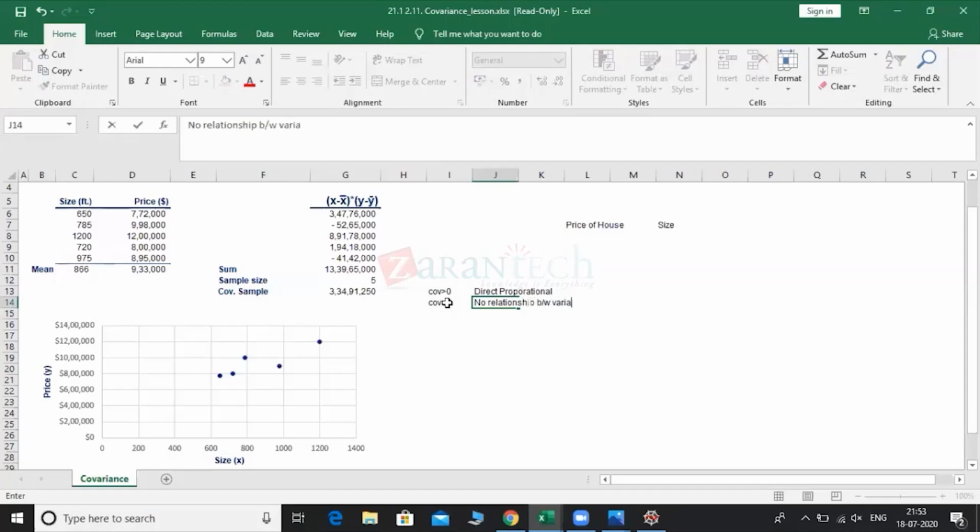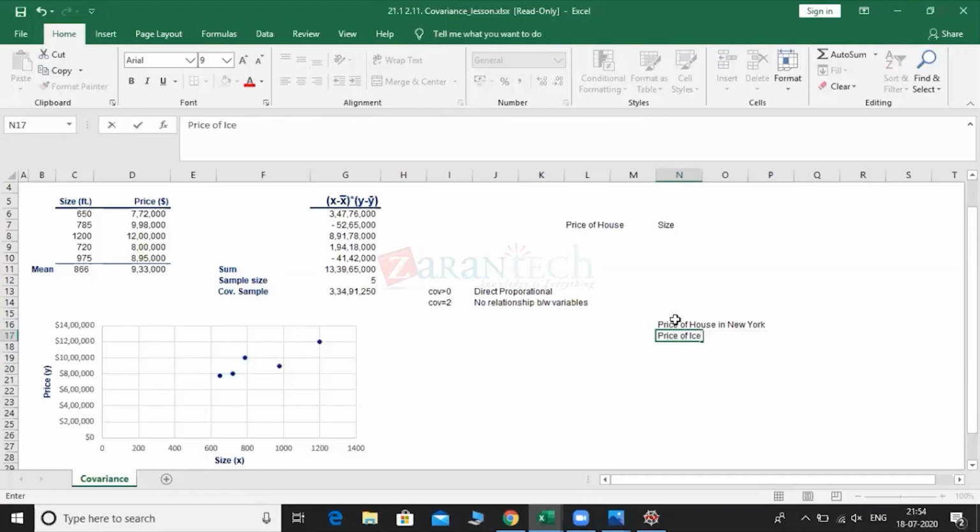For example, let's say the price of a house in New York and the price of ice cream in London.